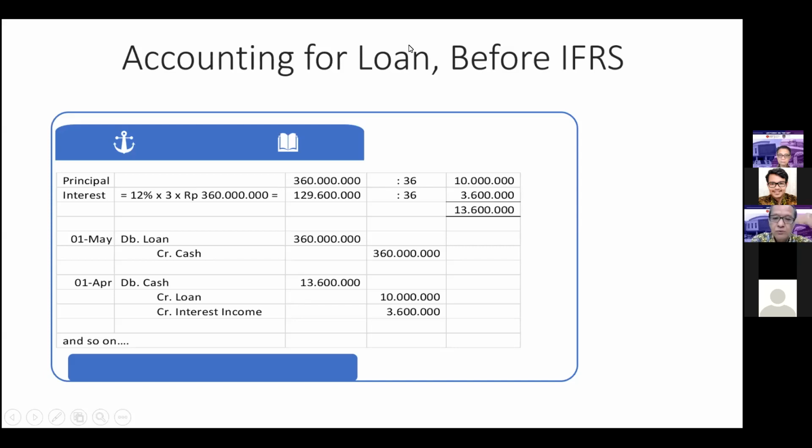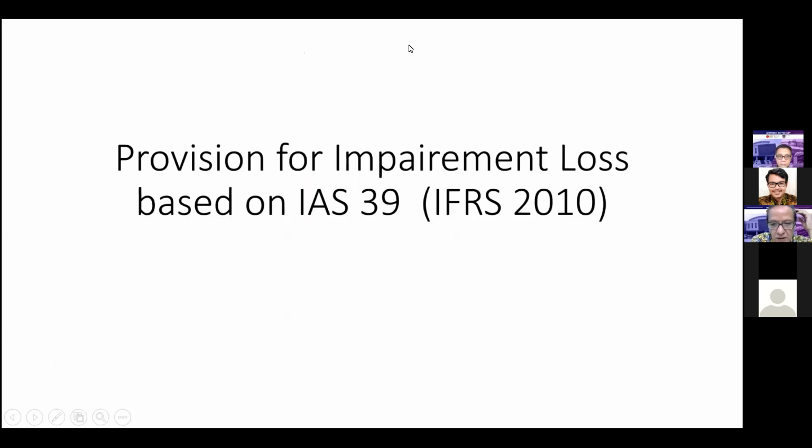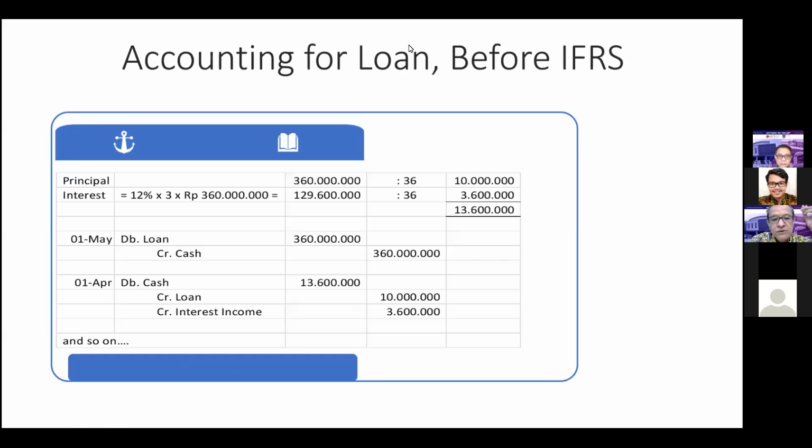A lot of banks had to change their accounting software, because they could not use this kind of calculation anymore. They had to change to what we call the effective interest rate.